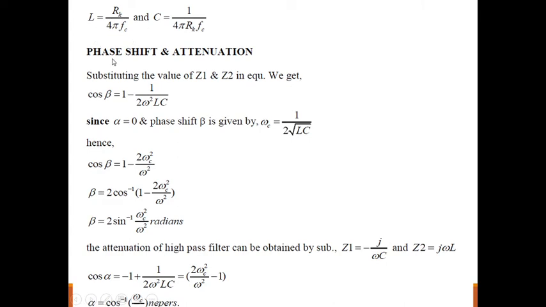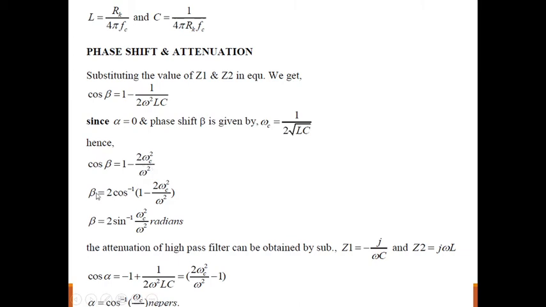Similarly, we derive the attenuation and phase shift constants with respect to the Z1 and Z2 values. Substituting Z1 and Z2 in the general expression, cos beta is equal to 1 minus 2 omega squared LC. Since alpha is equal to 0, the phase shift constant beta, with omega c equal to 1 divided by 2 square root of LC, gives cos beta equal to 1 minus 2 omega c squared by omega squared.